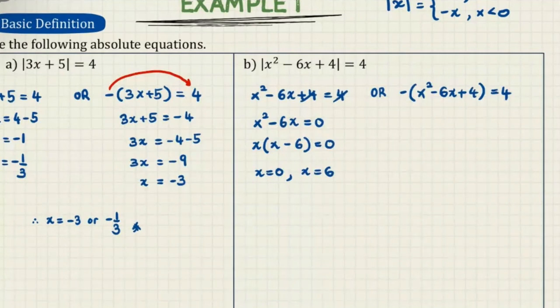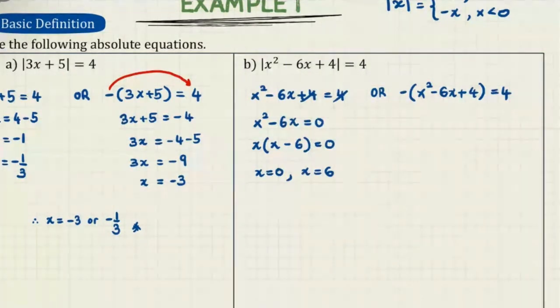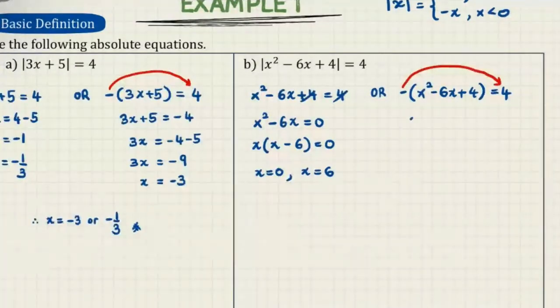Okay. Ini tak perlu buat quadratic. Tak perlu buat graphical method sebab kita solving equation bukan inequality. So dia akan kekal sebagai equal sign lah. Okay. Kemudian sama seperti tadi, kita pindahkan negative on the right hand side. So it will be x squared minus 6x plus 4 equals to negative 4.